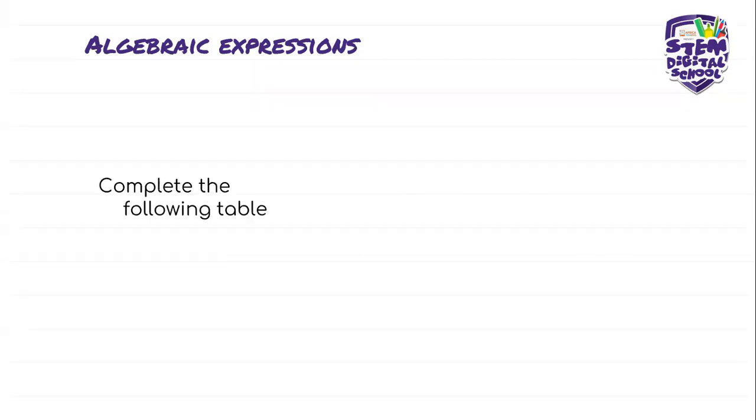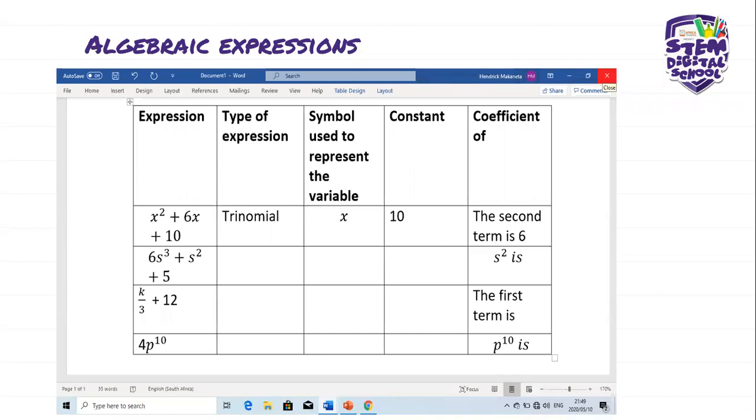Now, I want us to move now to zoom directly into this table, which I want us to complete. The table consists of an expression, the type of expression, the symbol, the constant, and the coefficient. Now let's look at the first one there, the expression. X squared plus 6x plus 10. That is our expression.